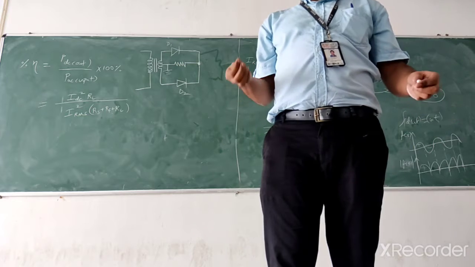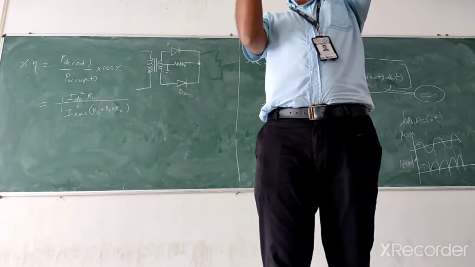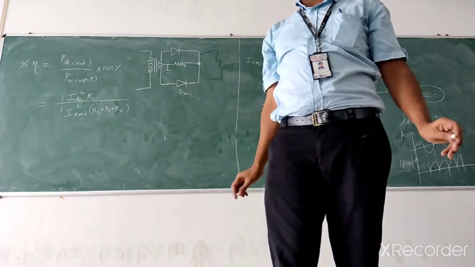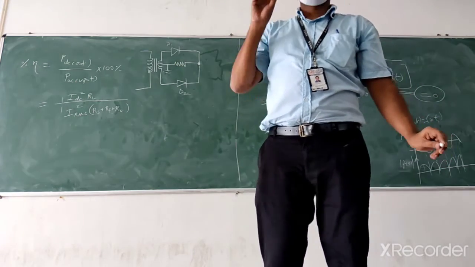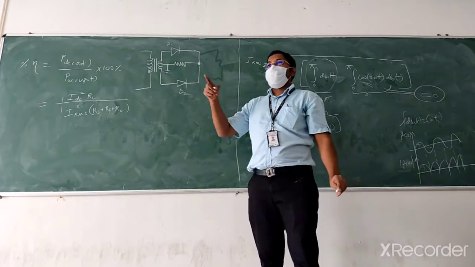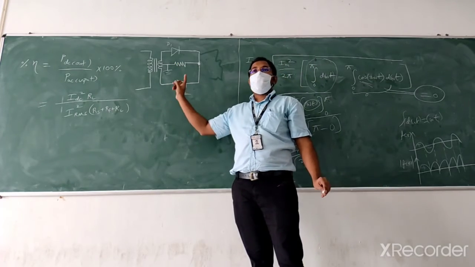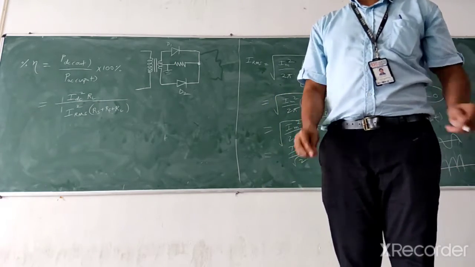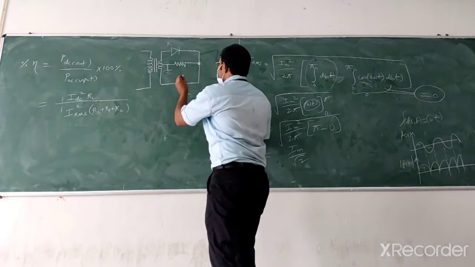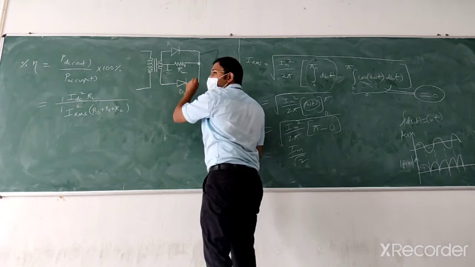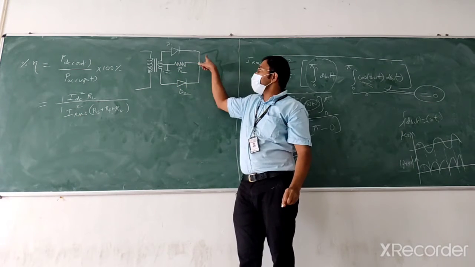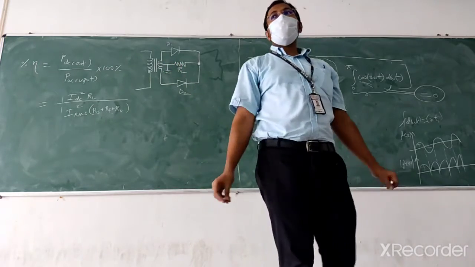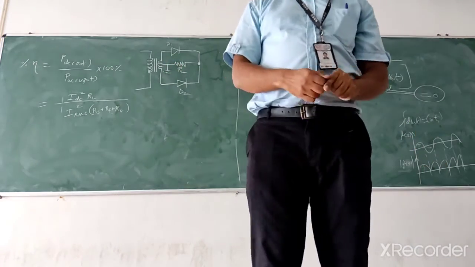Whether I connect these two points like this or like this, ultimately they are connected. To find whether circuits are the same or different, see the connections. The resistor is connected from the junction of the two diodes, and the other end goes here. Clear? Fine.